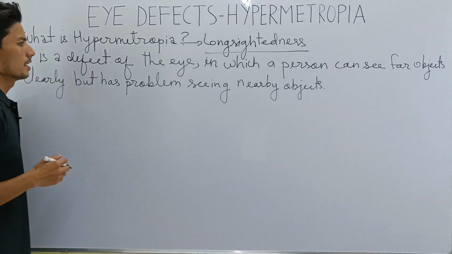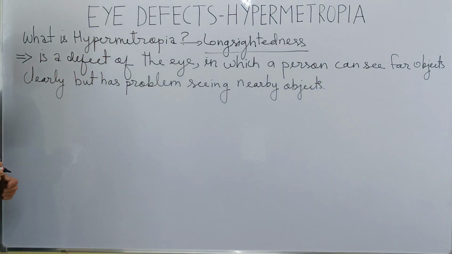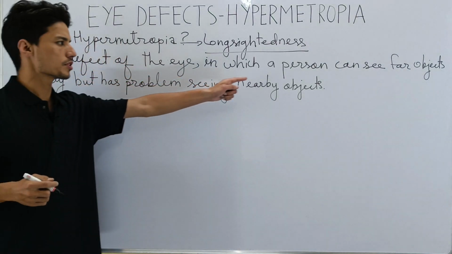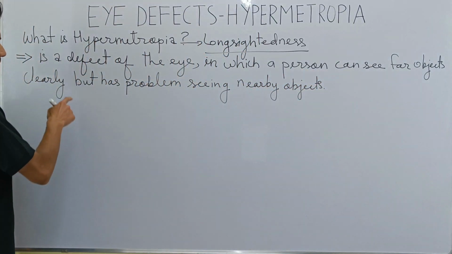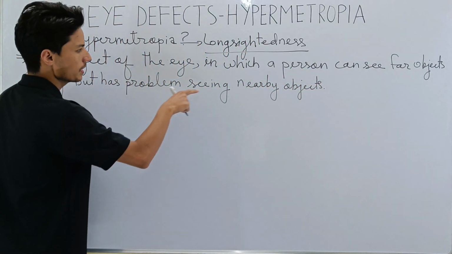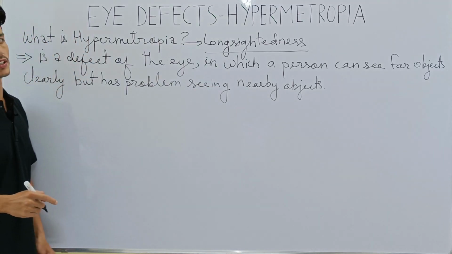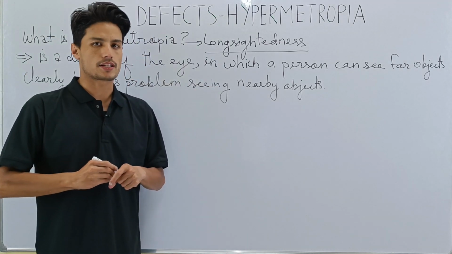So this is the definition of hypermetropia. It is a defect of the eye in which a person can see far objects, but the eye cannot see nearby objects. So the person has difficulty seeing nearby objects.